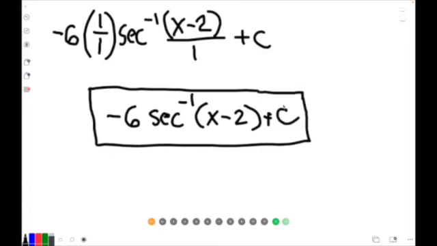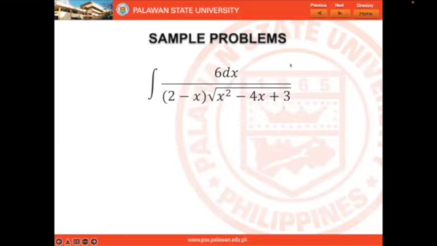Okay, so now that we have solved our examples, I hope that you get that what matters here is, first of all, your fundamentals. As you can see, you will use identities, you will use completing the square, you will use properties of logarithm.